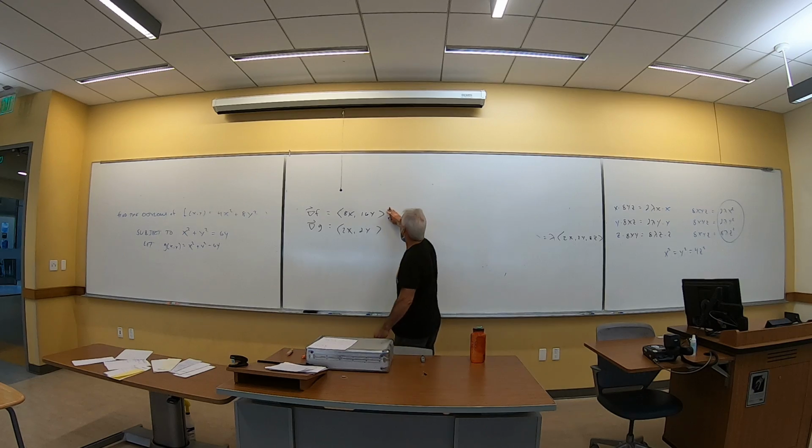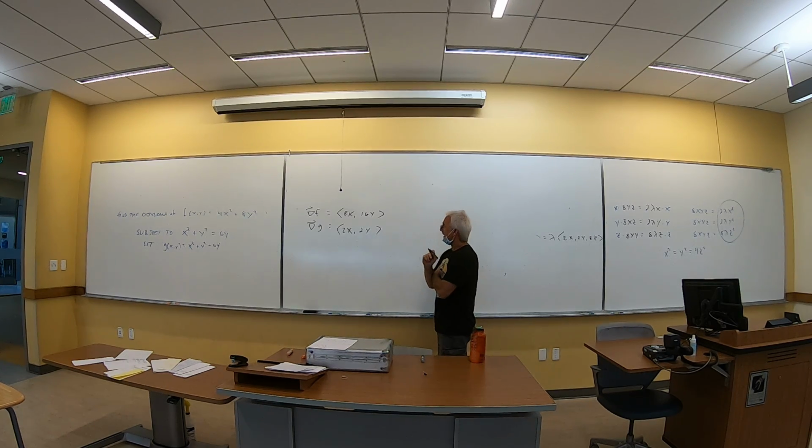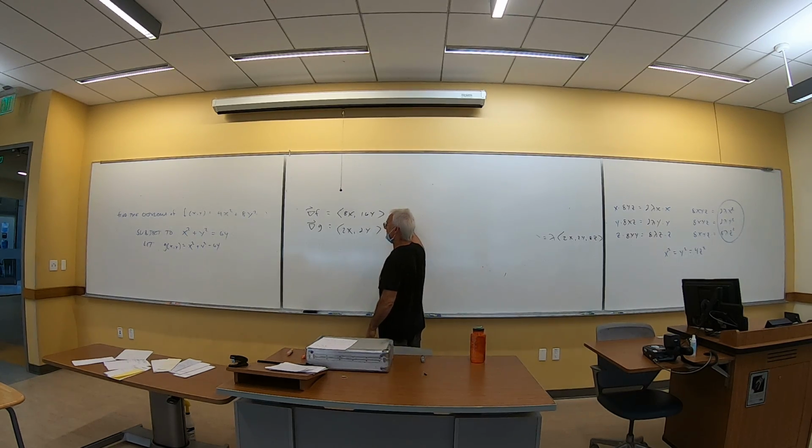Okay, so now what do we got? Let me see. I'm trying to find something that gives us issues. And I did this intentionally. So what have we got right now? We've got 8x equals lambda times 2x.